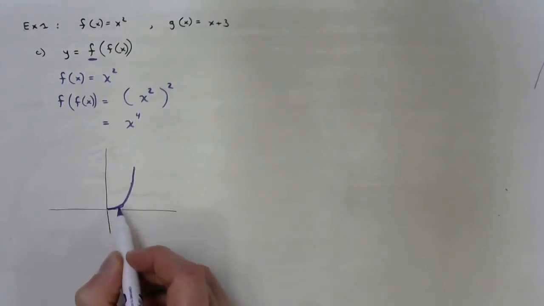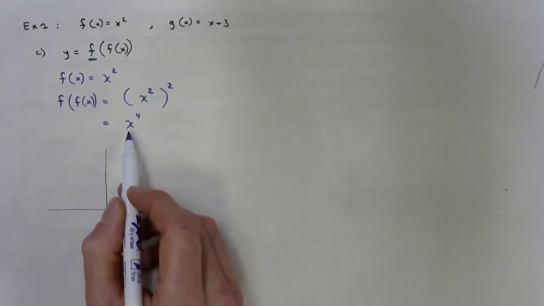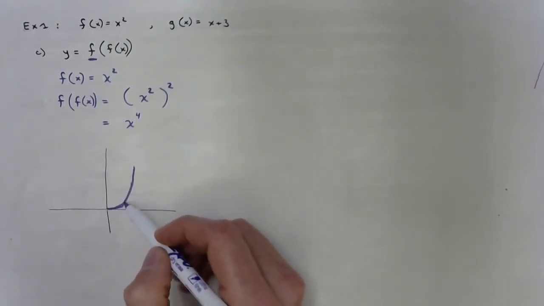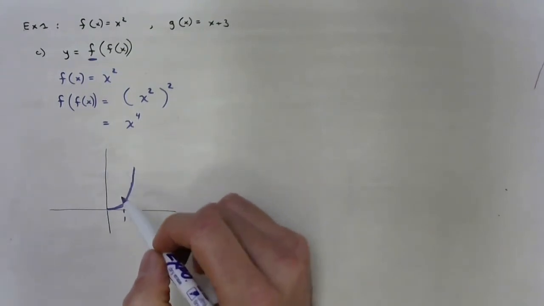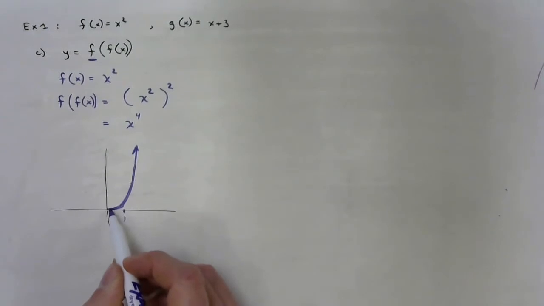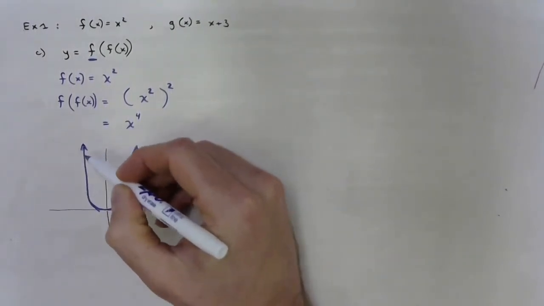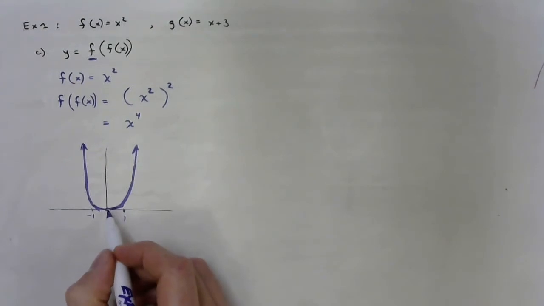Between 0 and 1 it stays lower, because a decimal multiplied by a decimal more and more times actually gets smaller. Once it passes 1, it grows really quickly. So it's a flat U shape that then trends up really quick, and its vertex is still 0, 0.